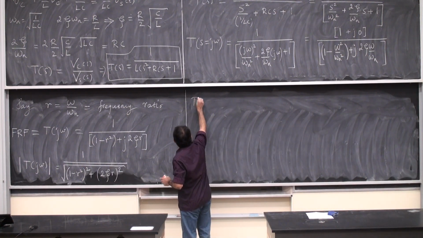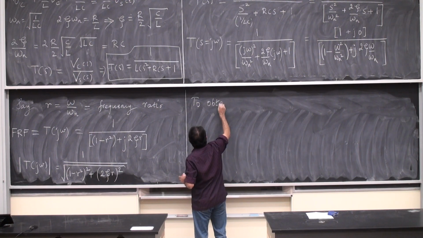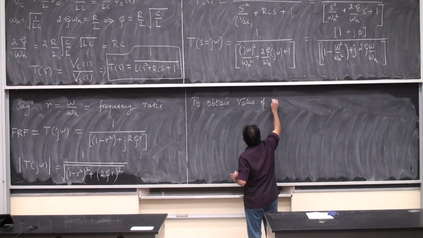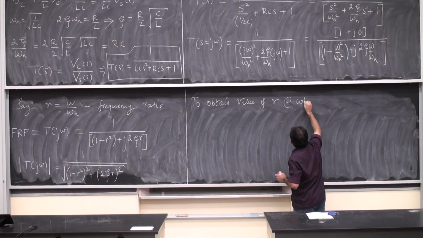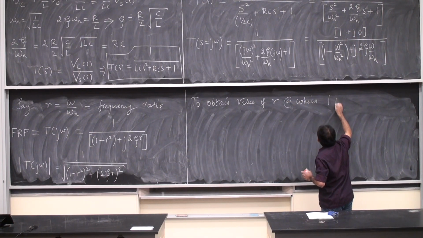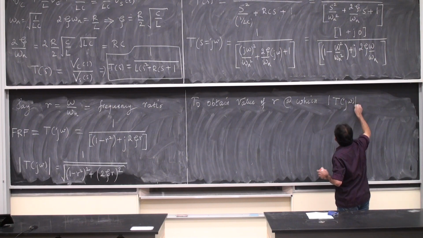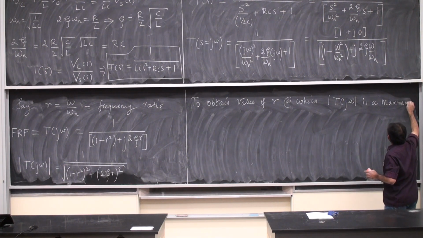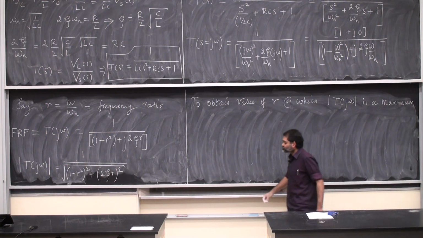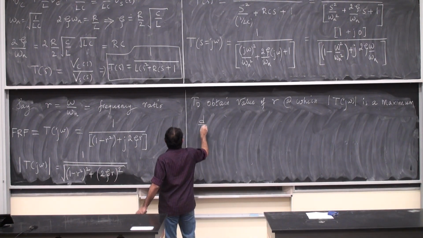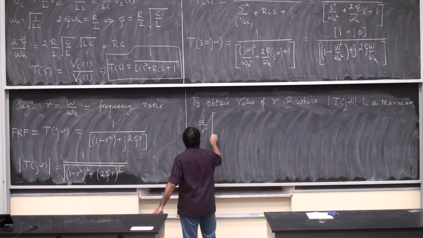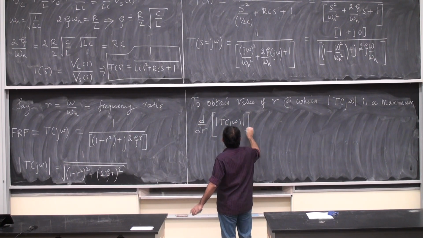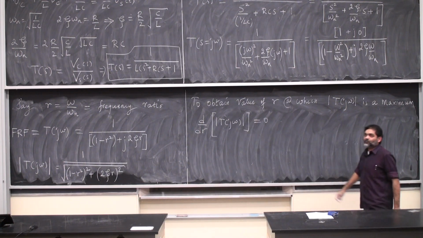So to obtain the value of r at which the function is a maximum, we do d by dr of that term equal to 0.